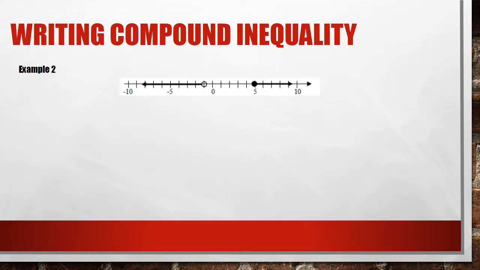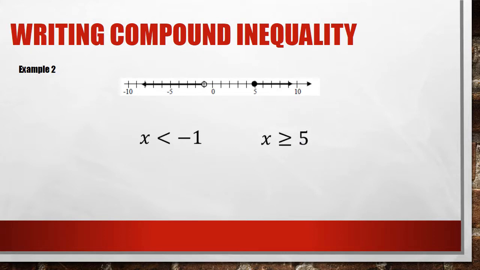Our second example here includes two pieces on the number line. Each piece can be represented by a simple inequality. The first piece is every single x less than -1. And for the second piece, we have every single x greater or equal to 5.